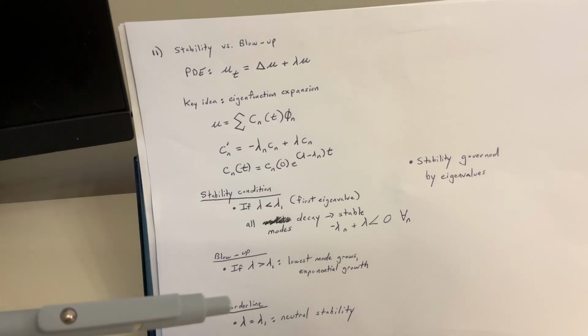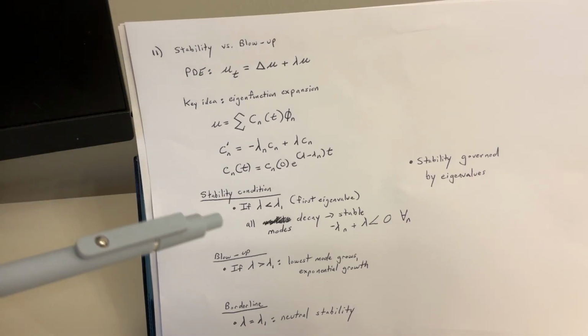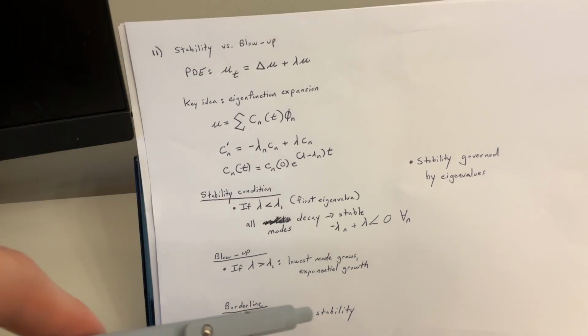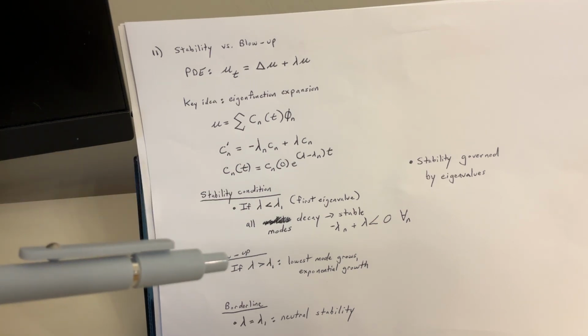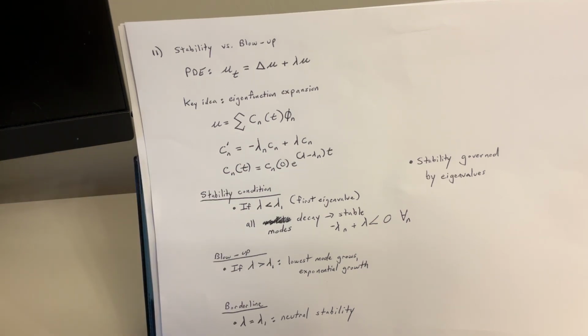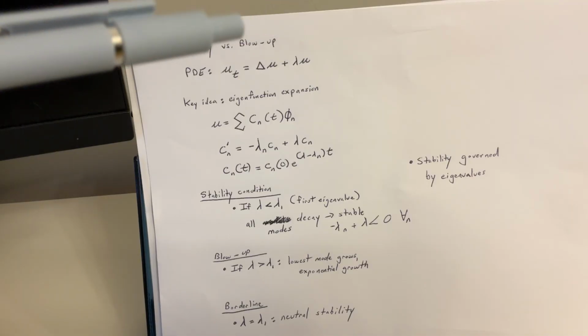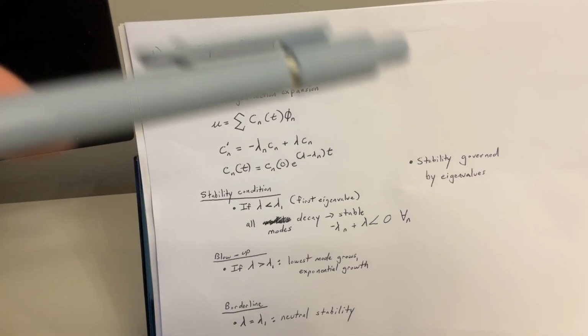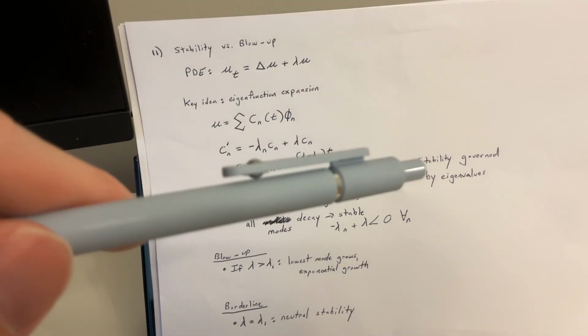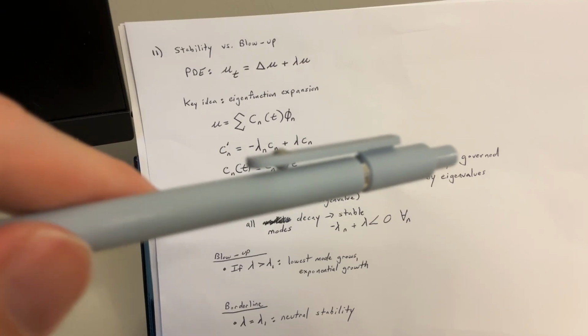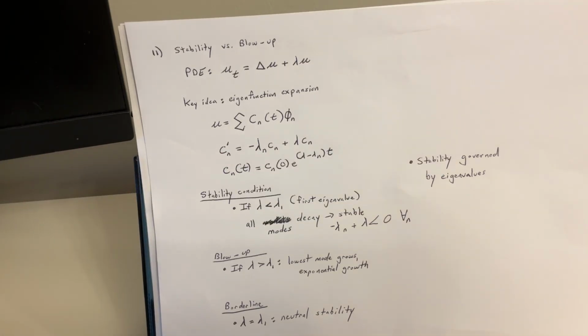And the third condition here, borderline: if lambda equals lambda sub 1, we would get neutral stability. So stability condition, blow up, borderline, all based on eigenvalues. So the moral of the story here is that stability is governed by eigenvalues.